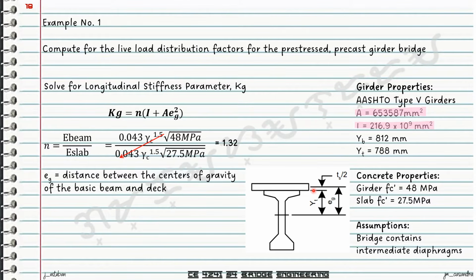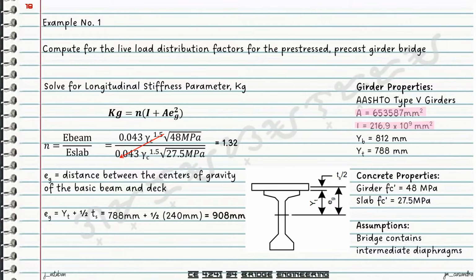So e sub g is equal to y sub t plus one half t sub s, equal to 788 millimeters plus one half of 240 millimeters, which is equal to 908 millimeters.